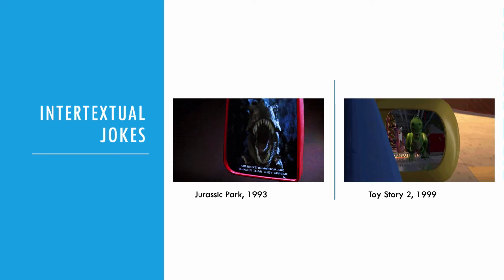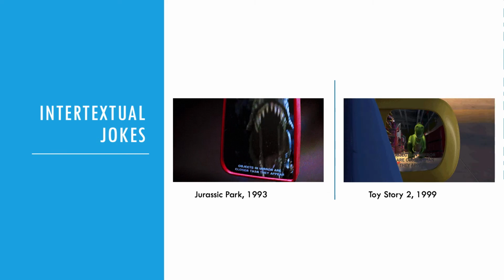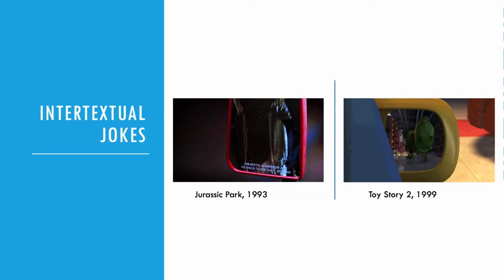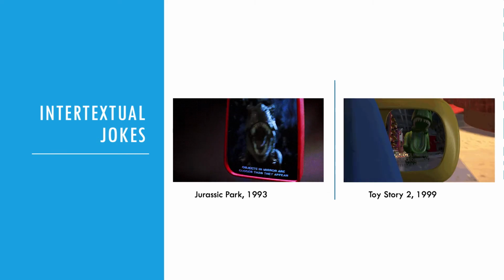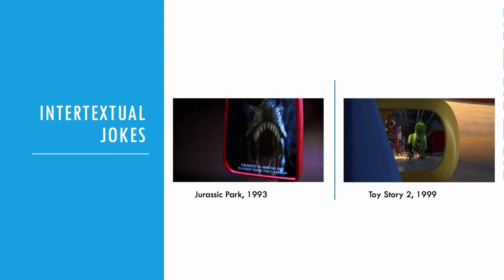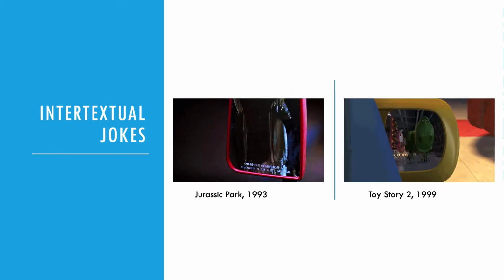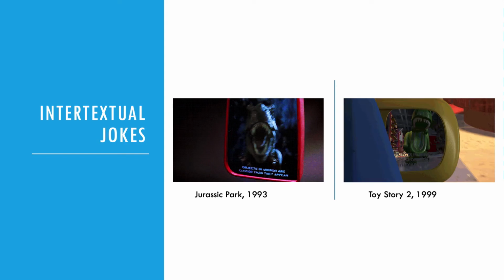And we know from the Toy Story film that he is not a scary character. He's very much a comedic character who is closer, perhaps, to Barney the dinosaur than the bloodthirsty T-Rex of Jurassic Park. But that same scene is recreated.